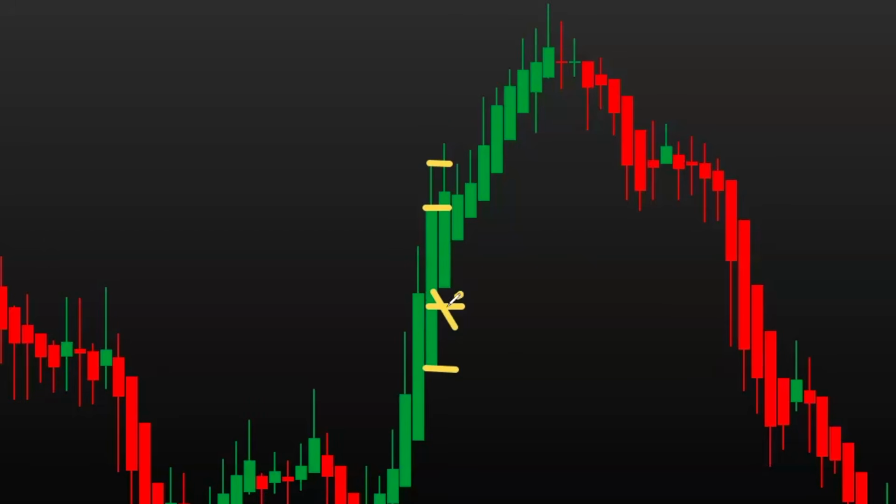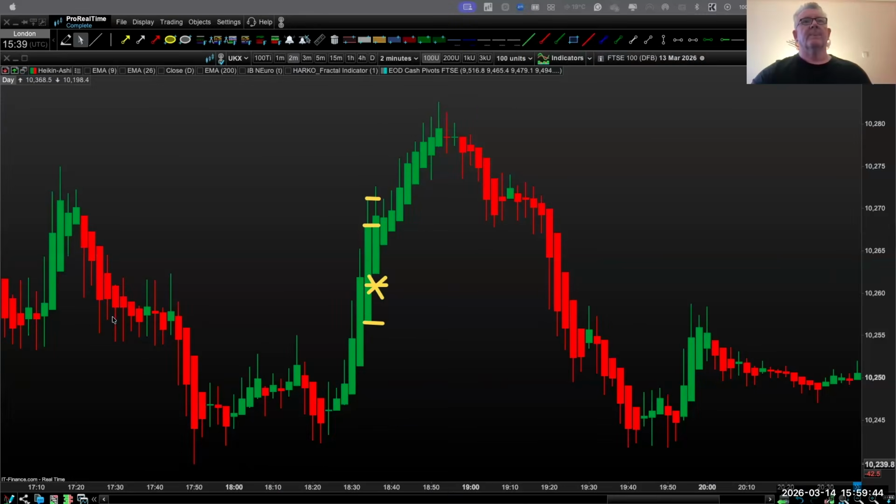But for the purpose of Heikin-Ashi trading, we call this the open because it's easier to see, easier to spot. We're not really bothered about where the actual open is. We're just interested in where the trend is going, because we want to trade with the trend, and that's the most important thing. So these type 1 candles, again, perfect.